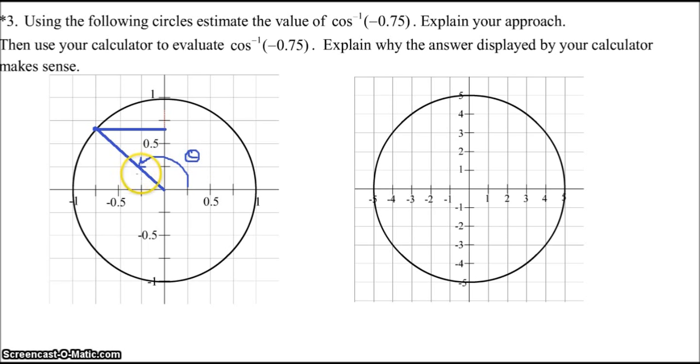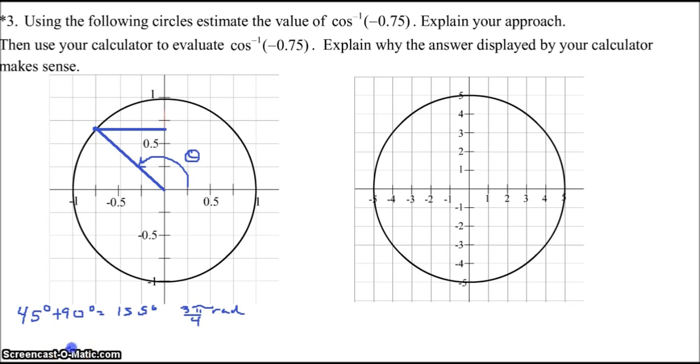Let's see, to me that looks like 45 degrees past 90, or I can just add those together. 135 degrees, I think. I think that's also 3 pi over 4 radians.